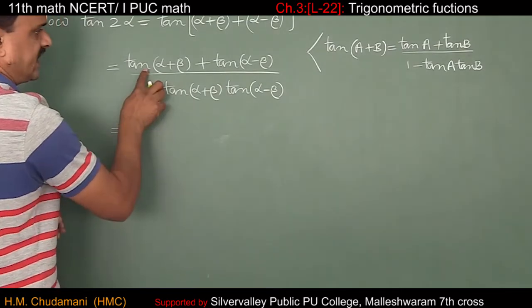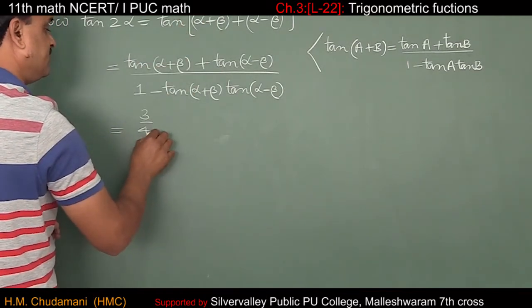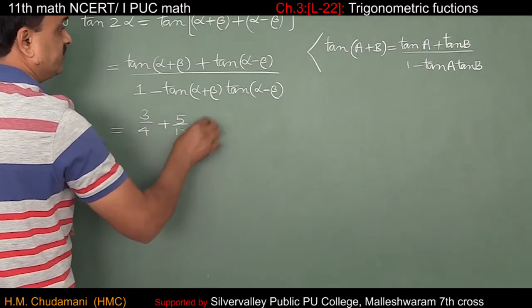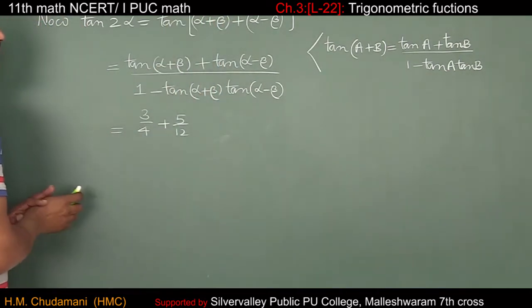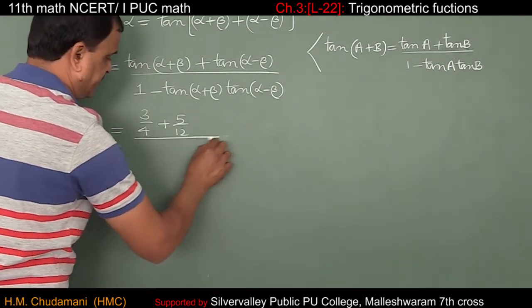Tan of alpha plus beta is given as 3 by 4, alpha minus beta is 5 by 12. That's why I obtained all tan of alpha plus beta and tan of alpha minus beta.